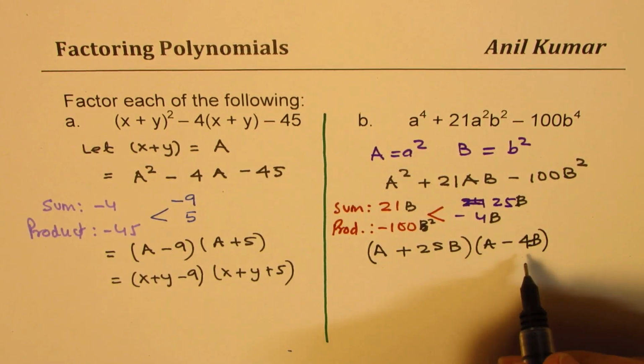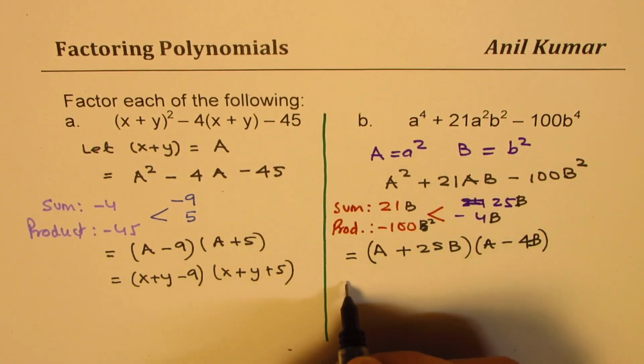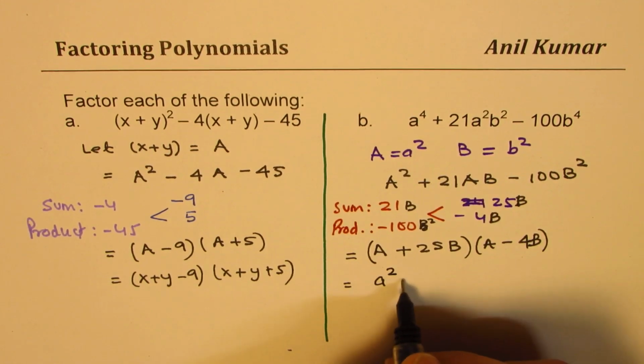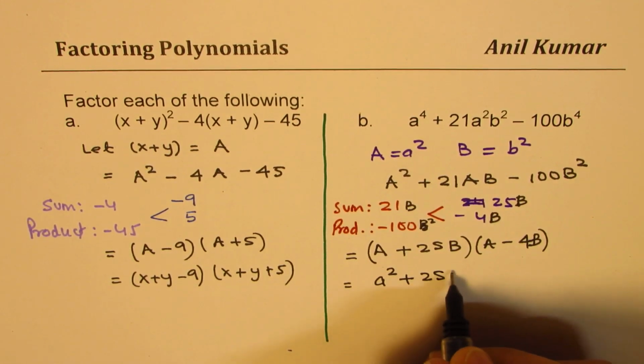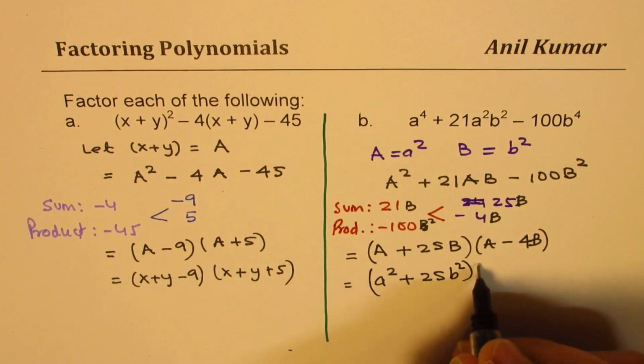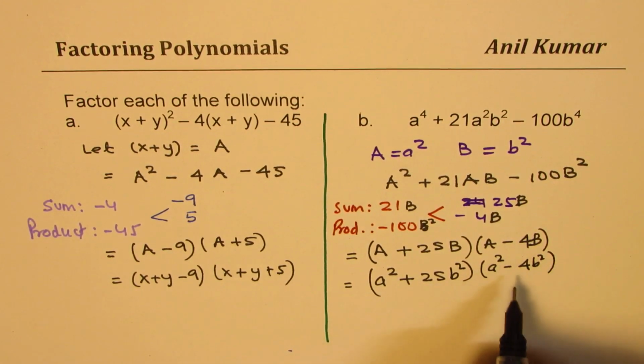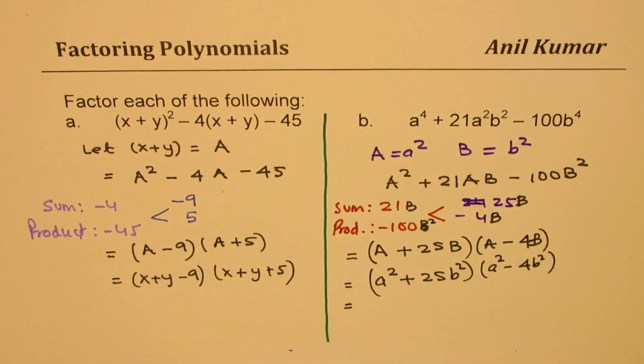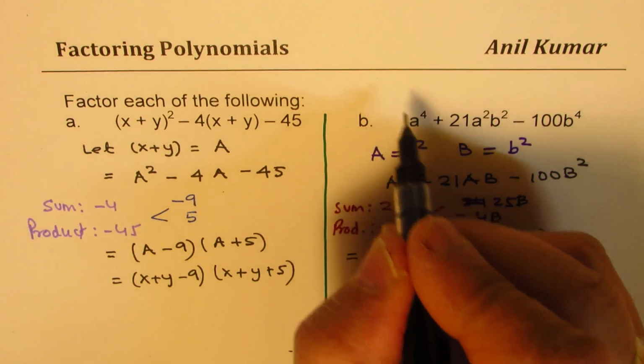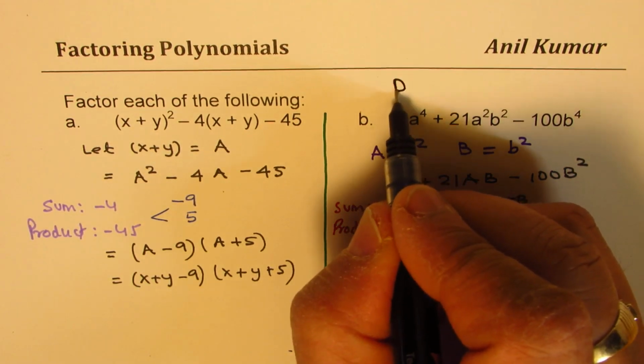Now what are A and B? A is a², right? So we could write this as (a² + 25b²) and then we have (a² − 4b²). Now the second part can be further factored if we are doing it in the domain of real numbers. So let's say we are working with a domain of real numbers.